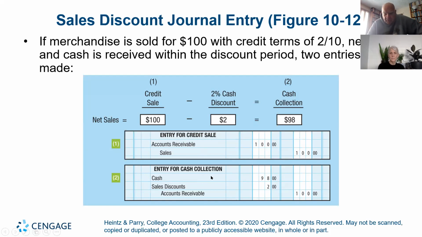And now we received a check in the mail for $98. We debit cash for 98. How much did they owe us? 100. We credit accounts receivable for 100. The difference is our debit to sales discounts. And we have just reduced our gross sales down to what we're going to call net sales.